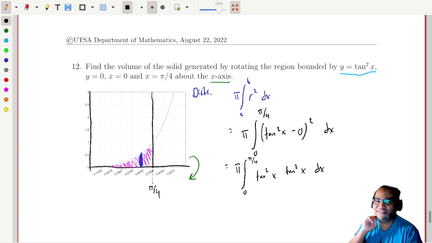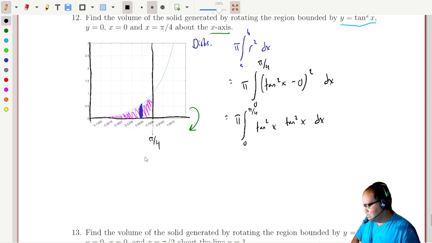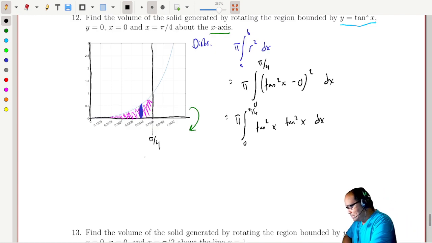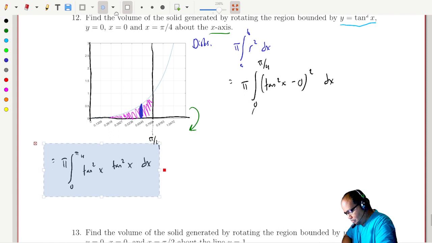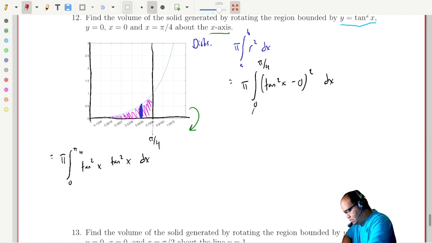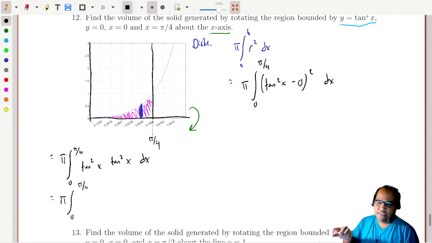Take a look at what we got here. What I will do is write this as pi times the integral from 0 to pi over 4 of secant squared minus 1 times secant squared minus 1.